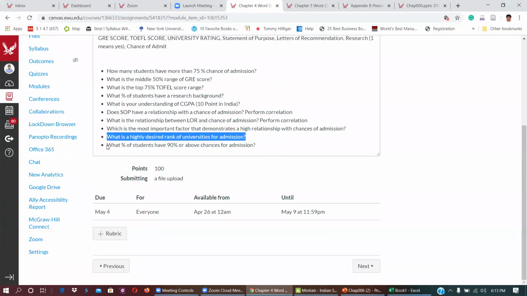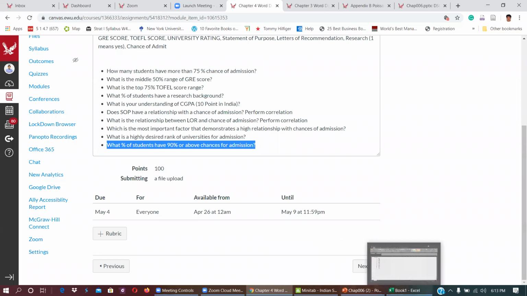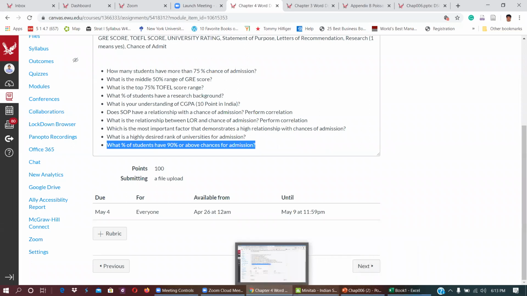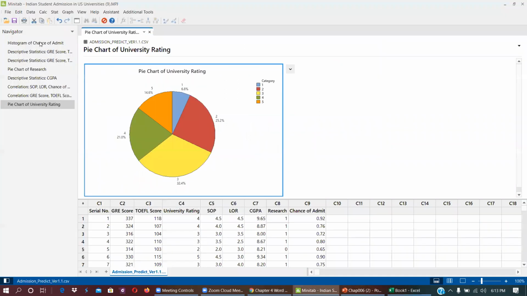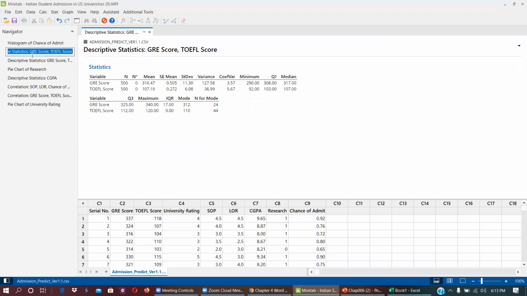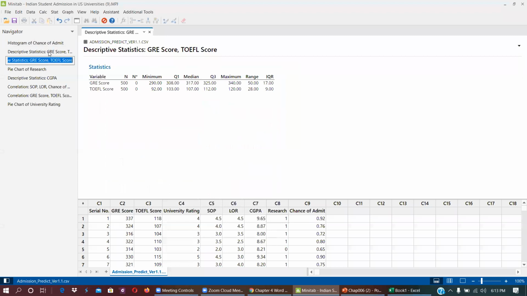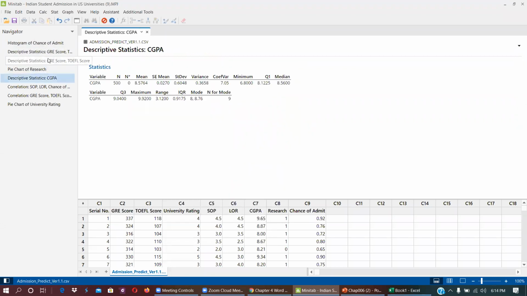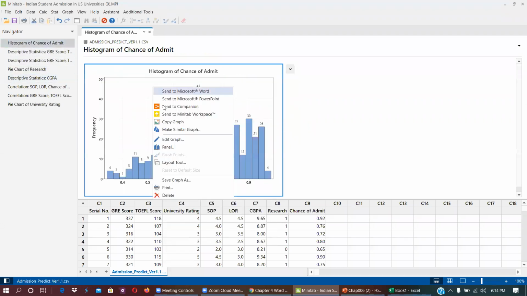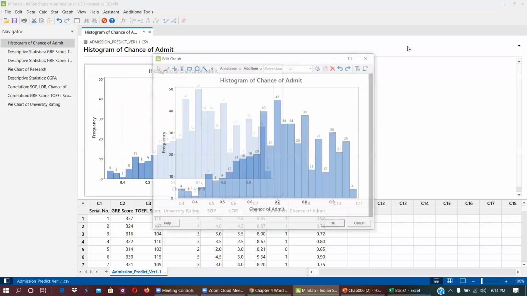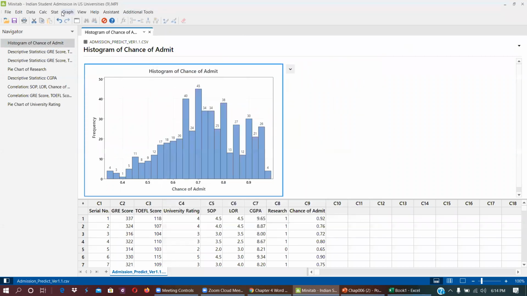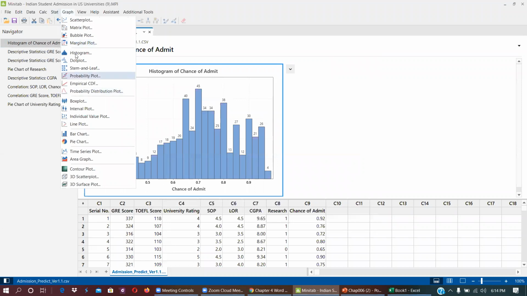And what percent of students have 90% or above chance of admission? So 90% and above, exactly the same thing we need to do. Let me go with Minitab and histogram. Let me go with the fresh one. Graph, histogram.